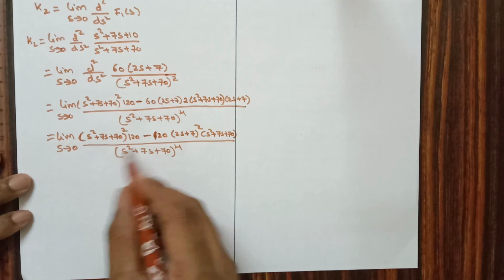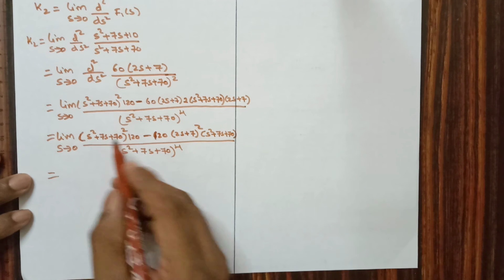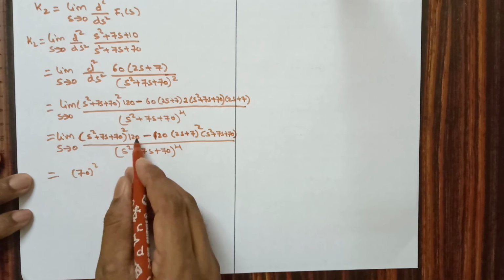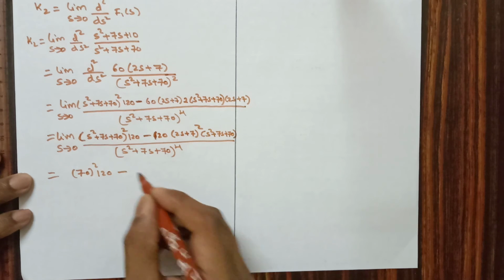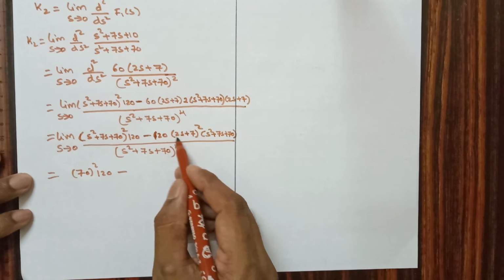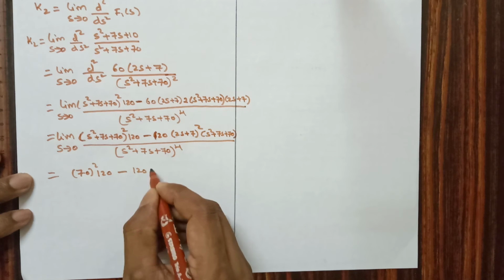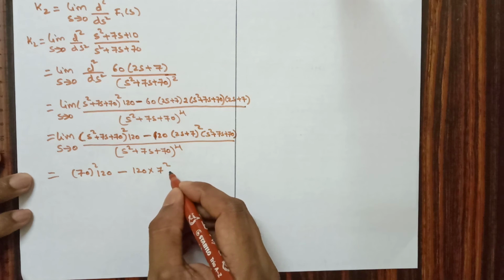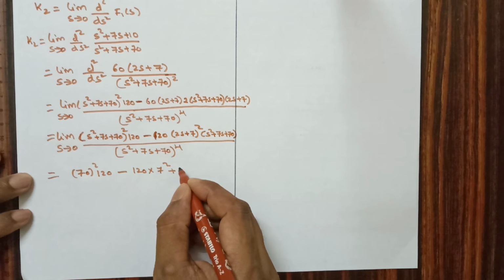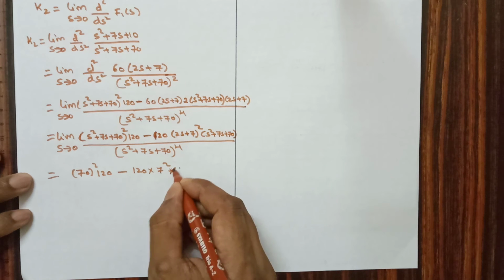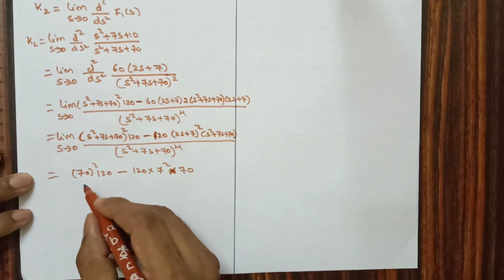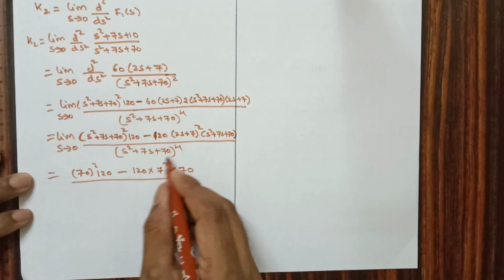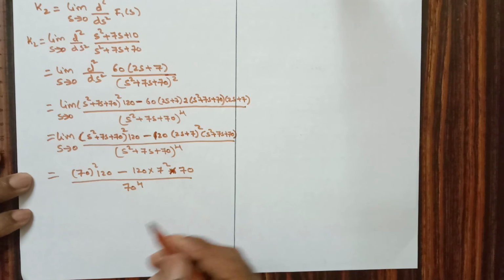Now by applying limit s tends to 0, this and this will become 0. We'll get 70 square into 120 minus, in this case 120 into 7 square, and from this I will get plus, this I will get into 70, divided by, in this two terms become 0, from this I will get 70 to the power of 4.